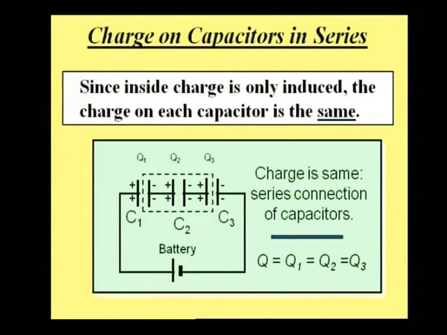So Qt equals Q1 equals Q2 equals Q3. So if you are connecting n number of capacitors in series, then Qt equals Q1 equals Q2 equals Q3 equals Qn.